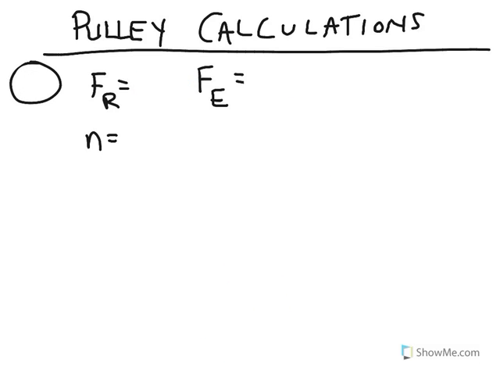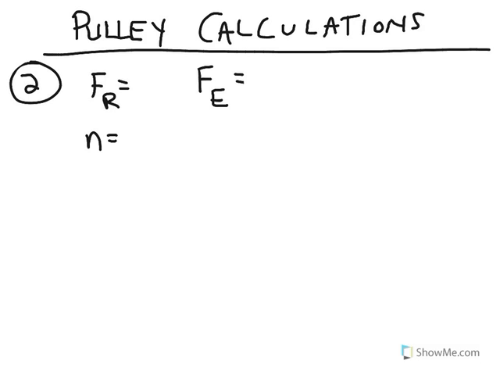Let's do a second pulley problem. I will read it to you. A block and tackle system with 10 supporting strands is used to lift a metal lathe in a manufacturing facility. A motor being used to wind the cable in the pulley system can provide 75 pounds of force. So what does that tell us?